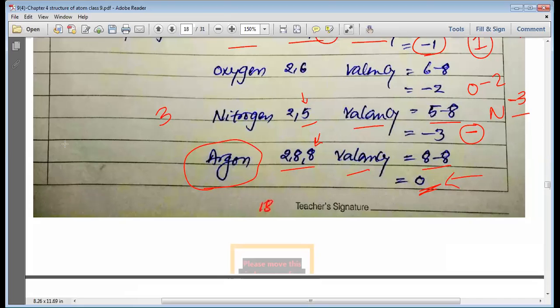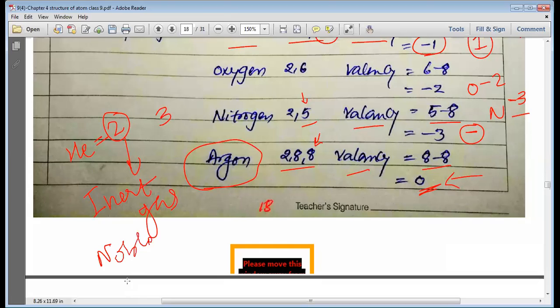Please remember that helium is the only element whose outermost number of electrons is 2, but it is an inert gas, or noble gas. Helium is a noble gas, and please remember that the valency of helium is 0.